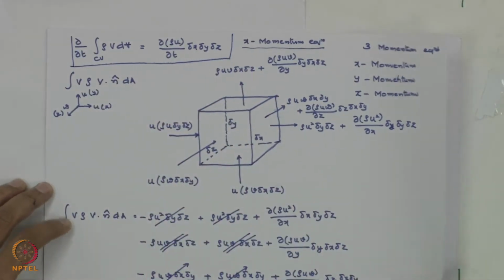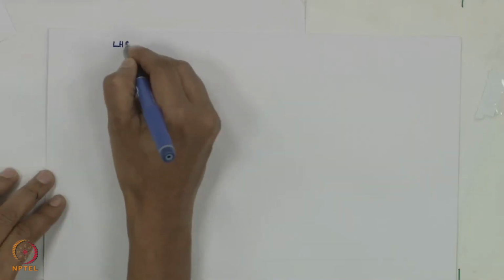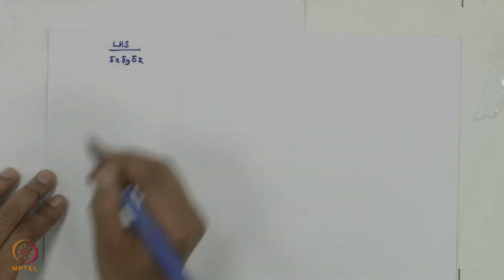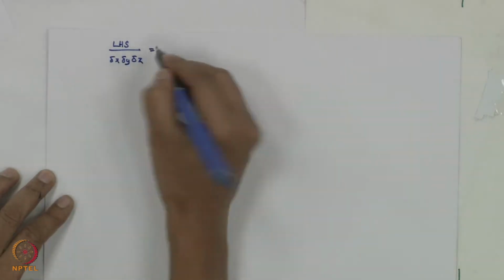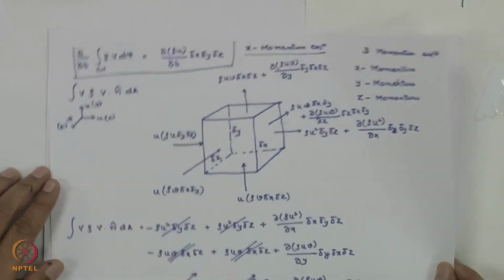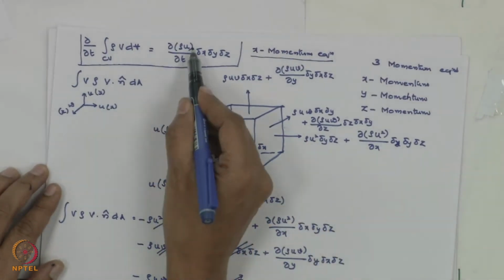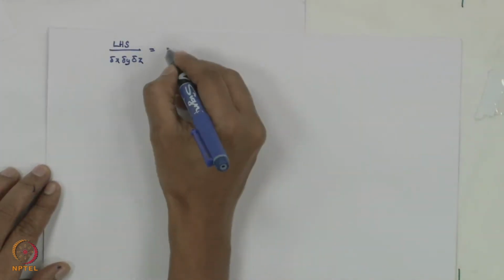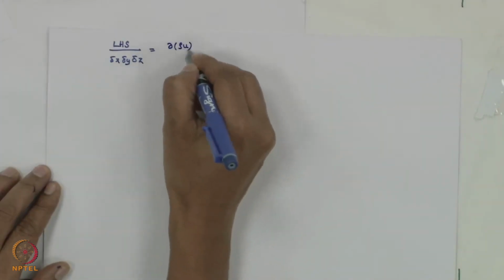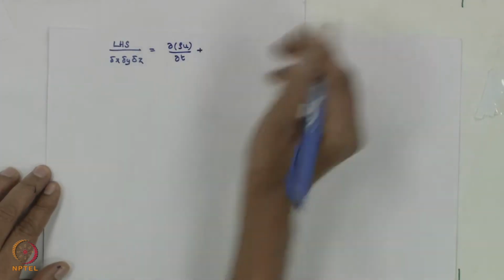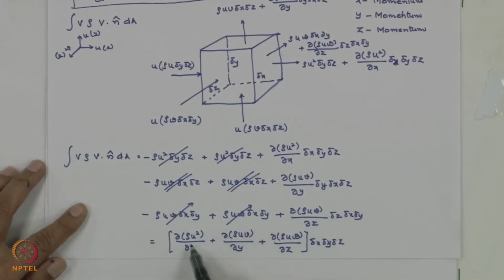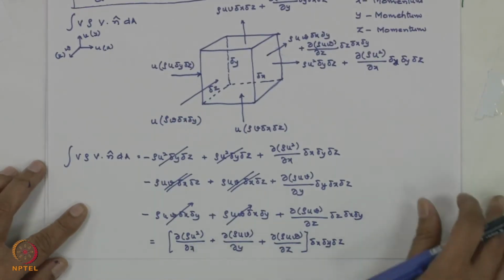So what I will do is, I will write this LHS upon delta x delta y delta z is equal to the first term. What was the first term? We had del of rho u by del t, and the next three terms which we had gotten here, that is del of rho u squared, rho uv and rho uw.